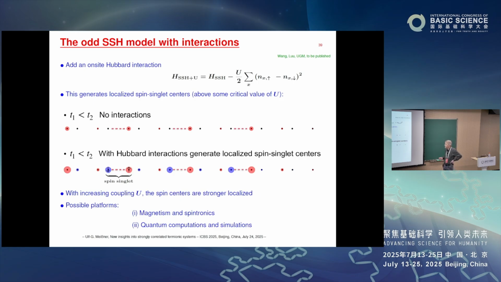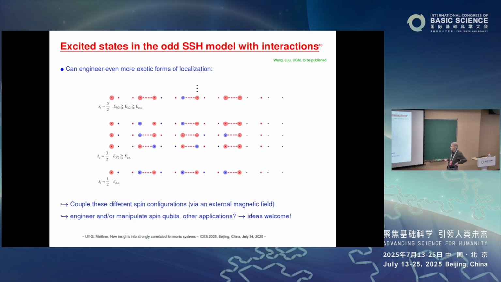And more amazing, you can play very different games. You can now, for example, take these spin centers where you have total spin 1/2 in the ground state, but you can find that there's a state with S equals 3/2 where you just flip one of these two, which is just slightly above the ground state, and then there are many of them, and then of course S_z equals 5/2.